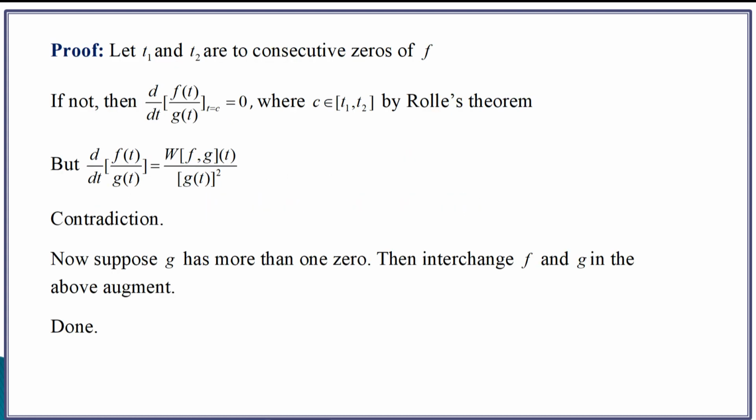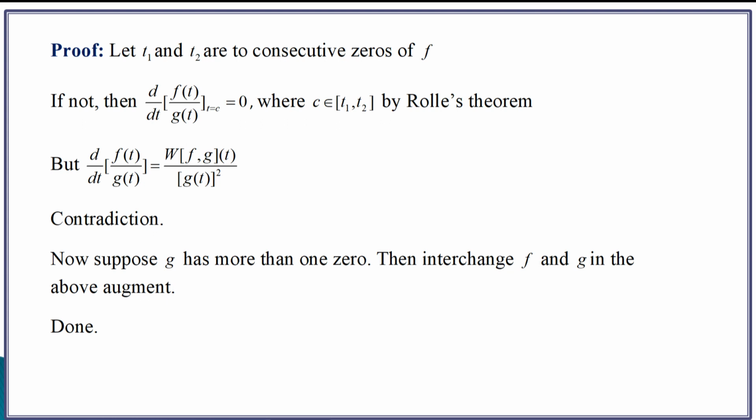So the proof. We are going to prove this theorem by contradiction. Let t1 and t2 be two consecutive zeros of f, and if not, what happens?